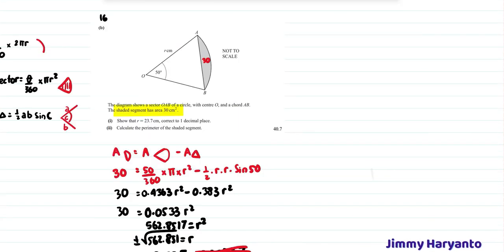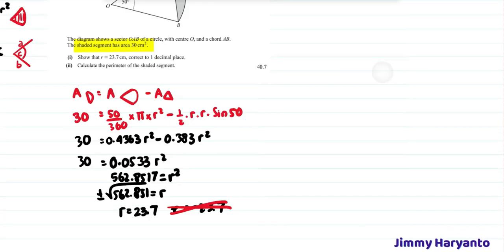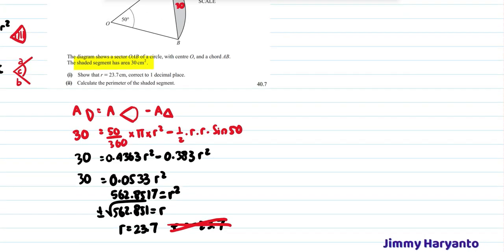Okay, and then calculate the perimeter of the shaded segment. To find the perimeter, we have to add this one plus the perimeter of this one, the arc length.